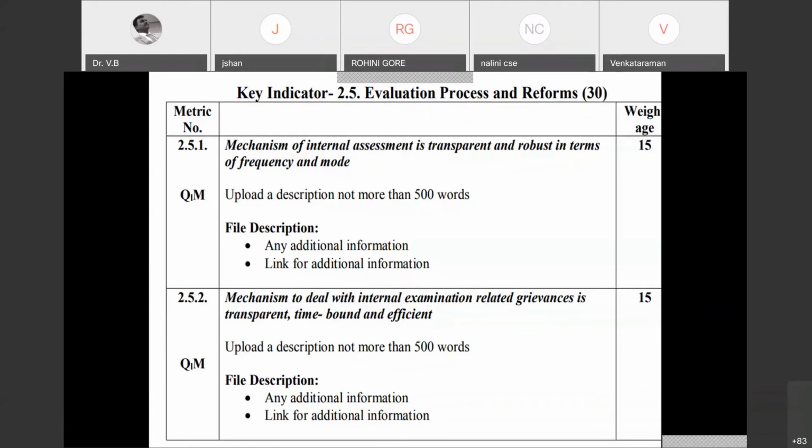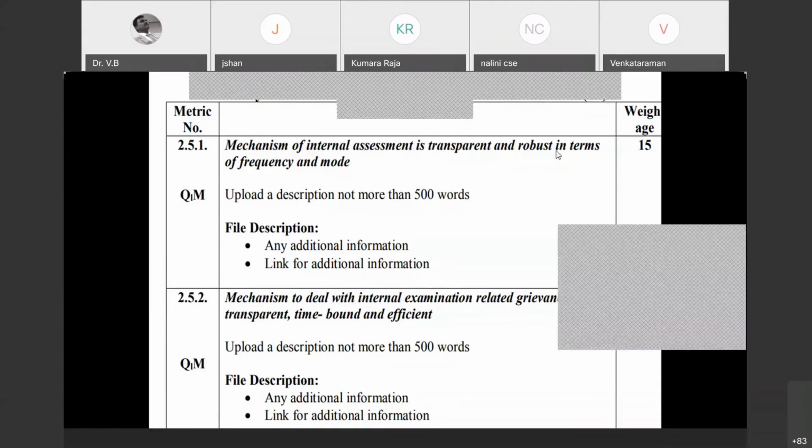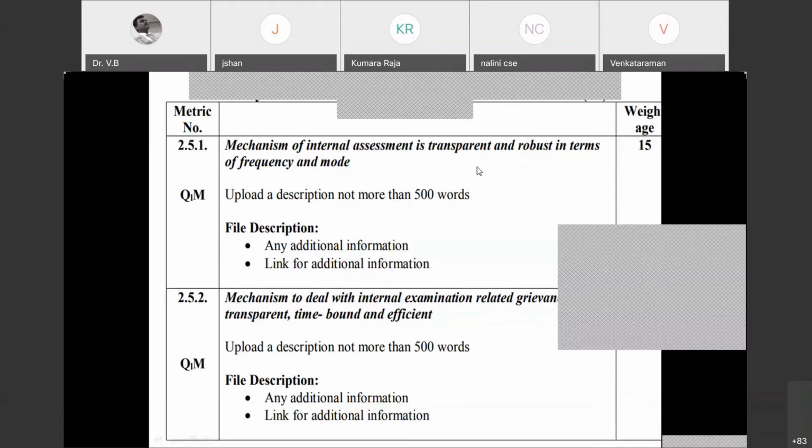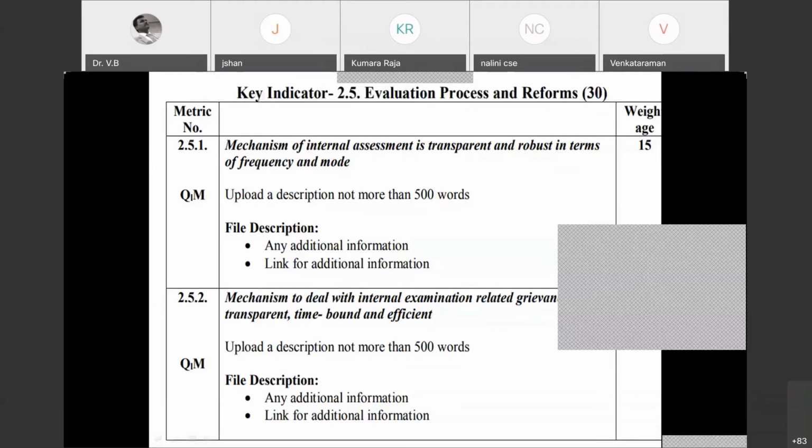In case some student has come up with a grievance, as in the example I just gave you, in case a student is saying that he is not happy with the assessment, then what is the mechanism that is followed?